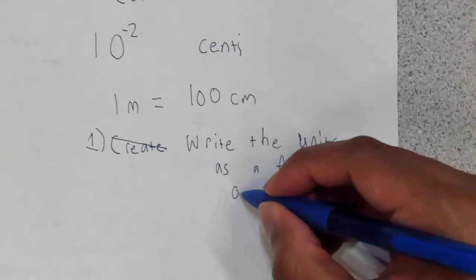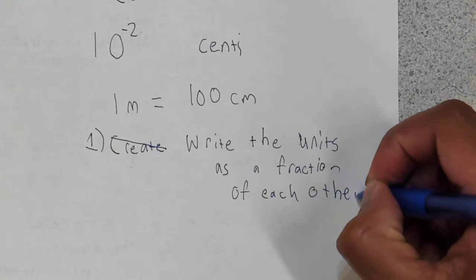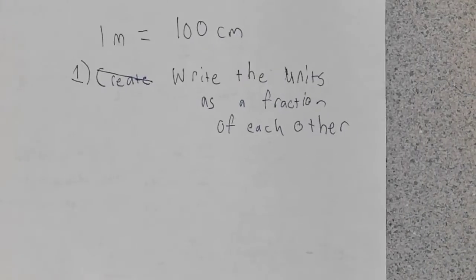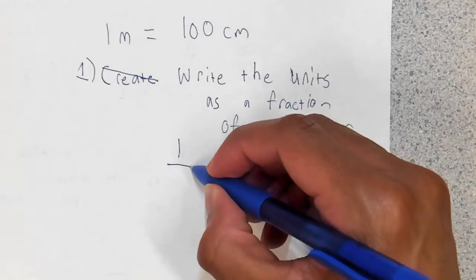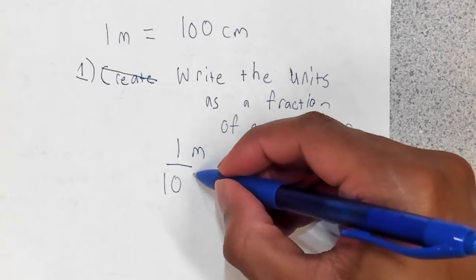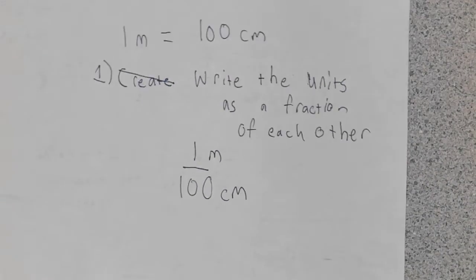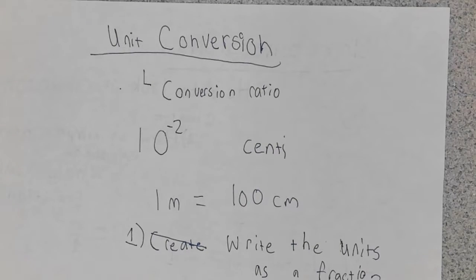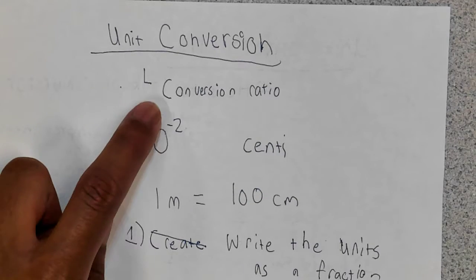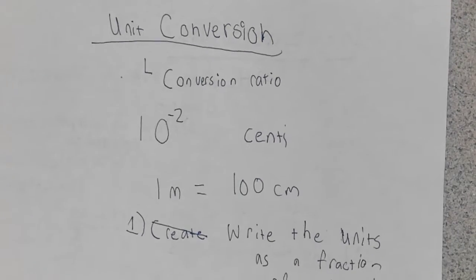So let's just create a simple fraction. 1 meter over 100 centimeters. It's that simple. One-step process. So now we've completed the last part of this process before we can get to unit conversion. So we're ready for unit conversion.